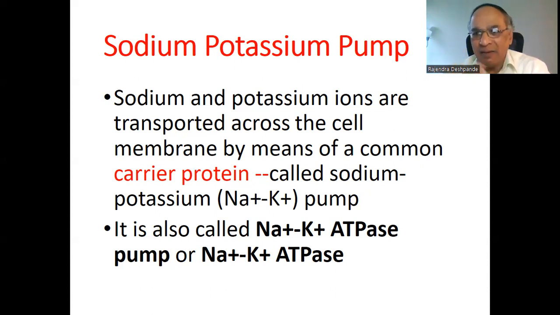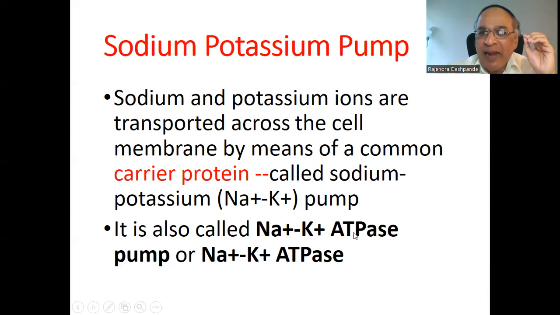Sodium is Na+ and potassium is K+, the ions. Another name for the same pump is sodium potassium NaK ATPase. ATP is an energy molecule, and ASE is an enzyme.